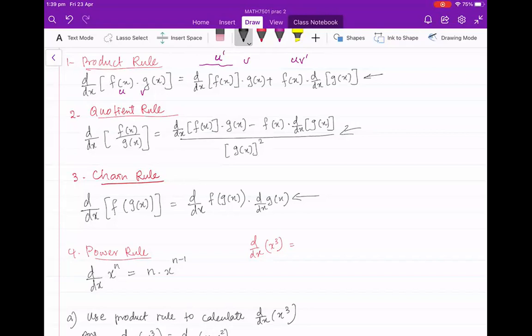Okay, let's begin. So the derivative of x cubed, you can write this as d by dx of x times x squared. And how would you proceed from there?